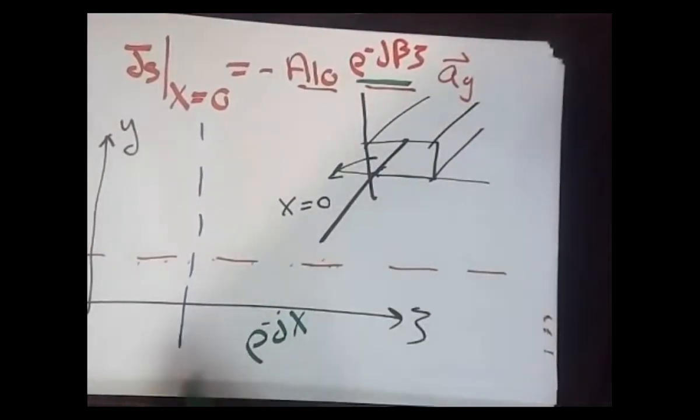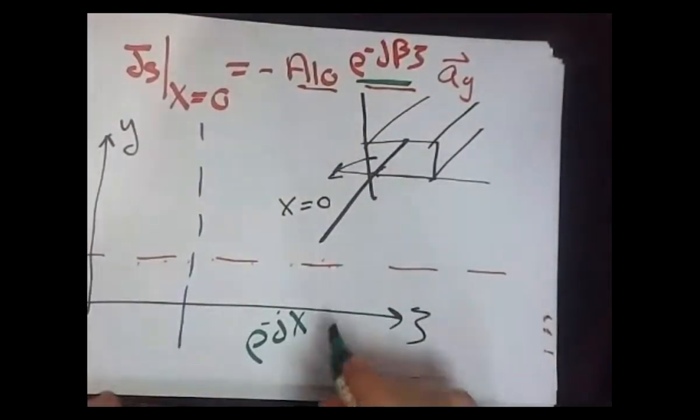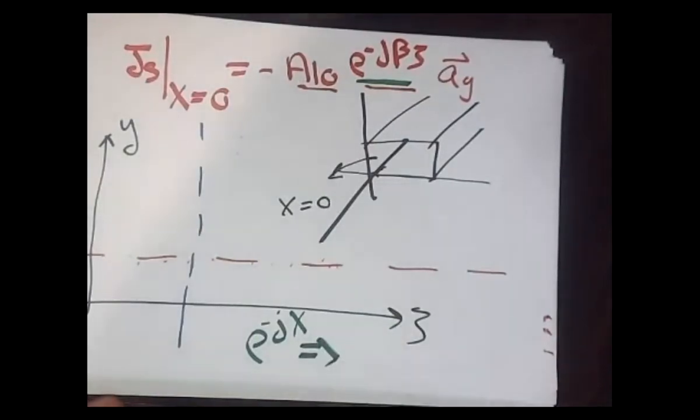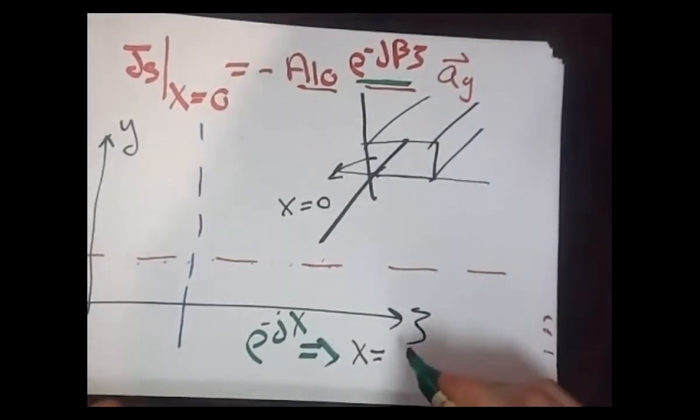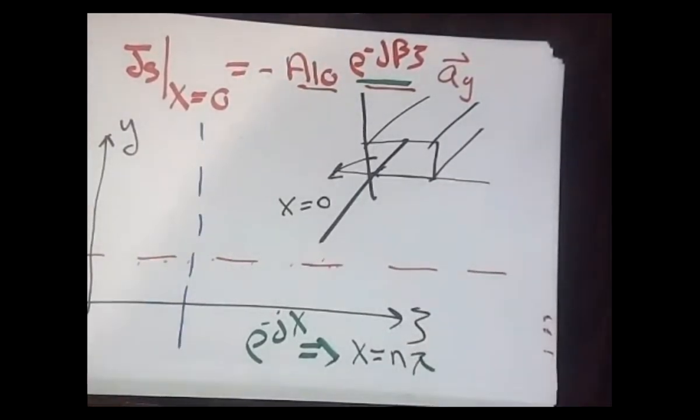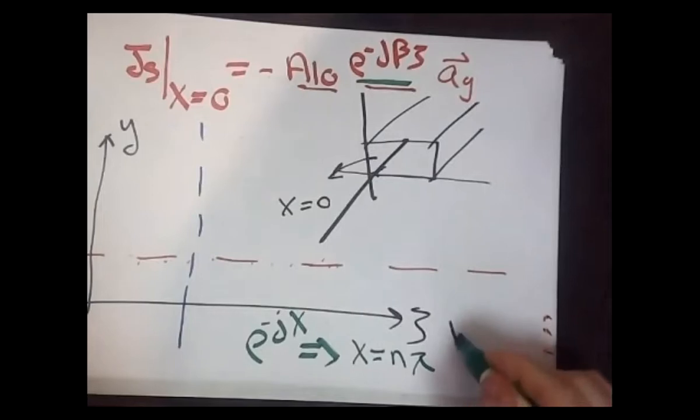So e power j x and e power minus j x are the same. So e power minus j x will be maximum if x is equal to any multiple of pi, and will be minimum if x is equal to n pi over 2.